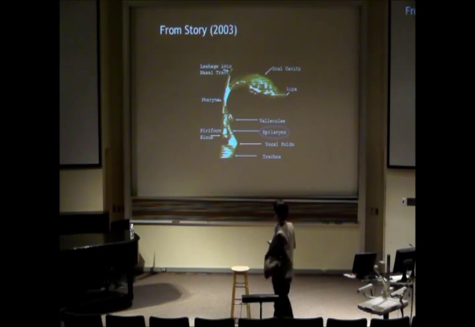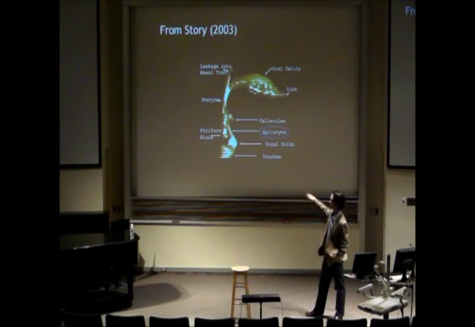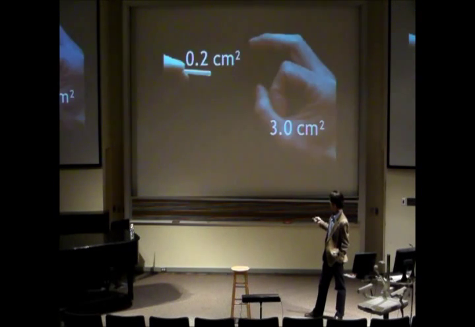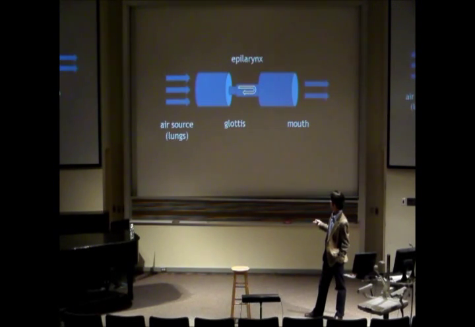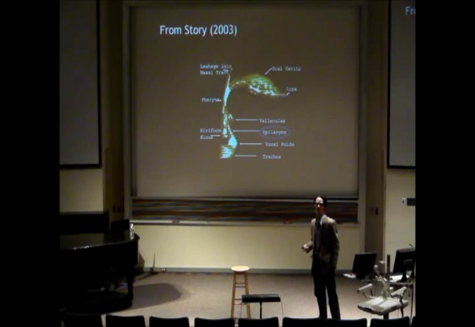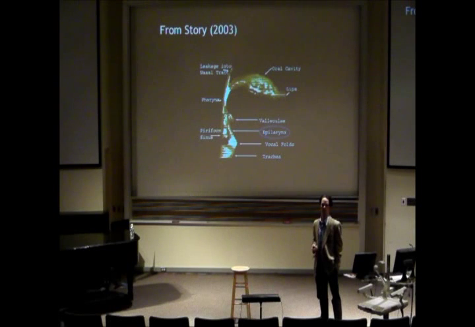I love this. It's really cool. You can easily see that the narrowest part of the air space is the epilarynx, right? With the exception, maybe, of the lips. In this particular image, the lips look fairly close.